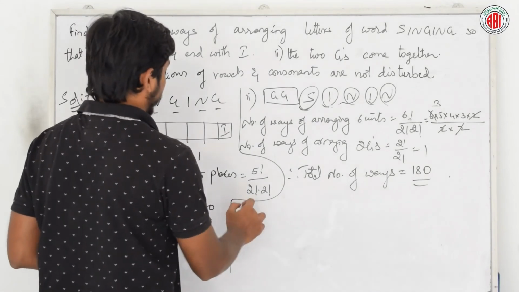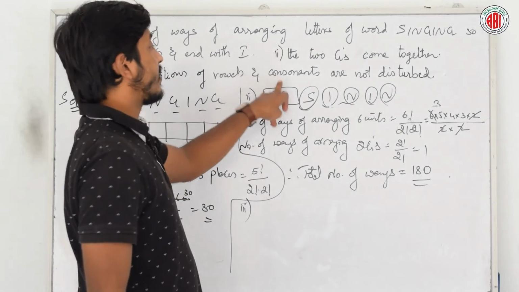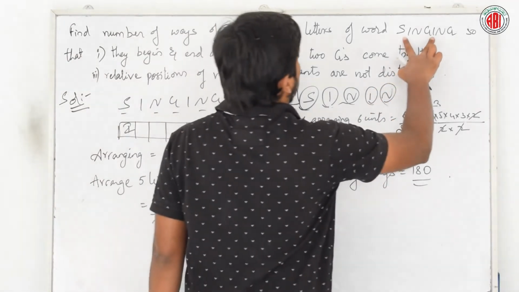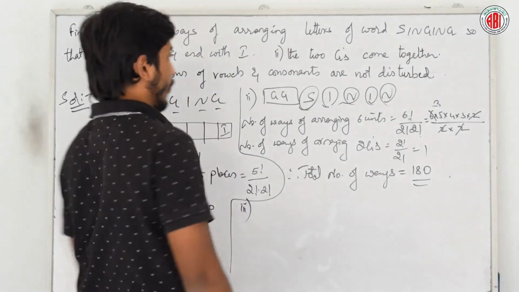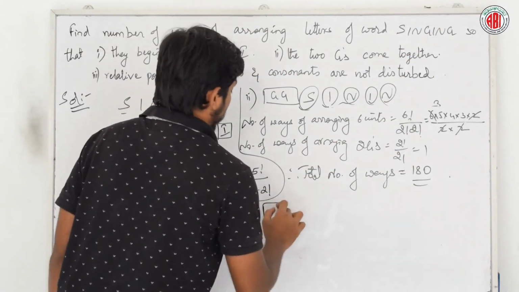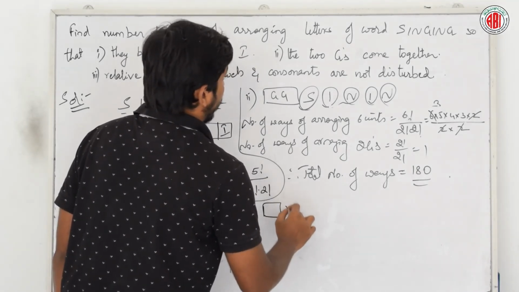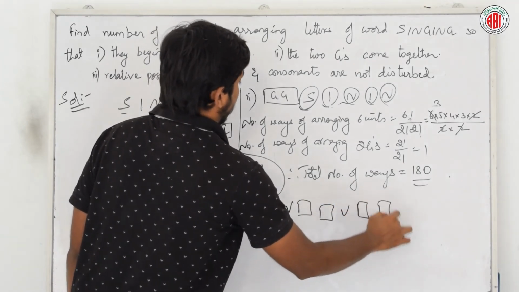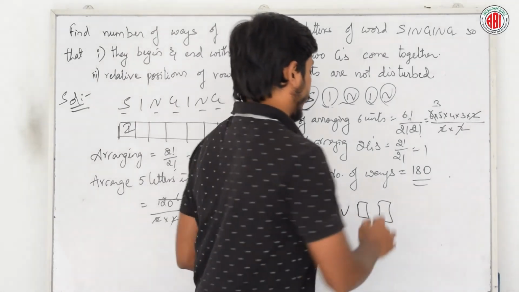Next, the third thing. Now we have to arrange consonants and vowels separately. Right? What are the vowels here? I and I. And the remaining are all consonants. So, this position is fixed first. Next is vowel, again fixed, fixed, vowel, fixed and fixed. Right? SINGING.